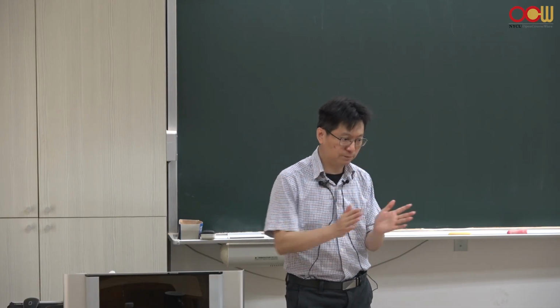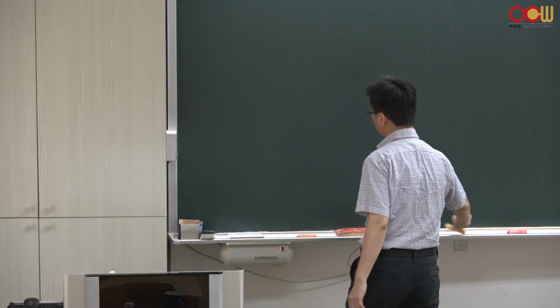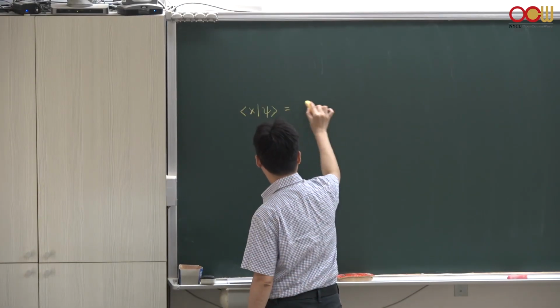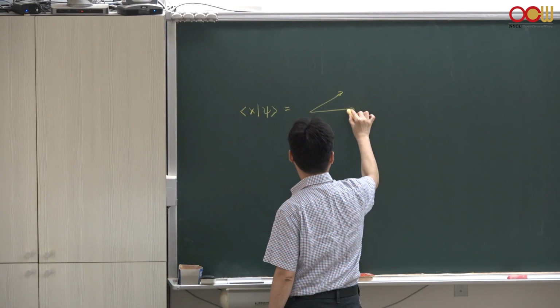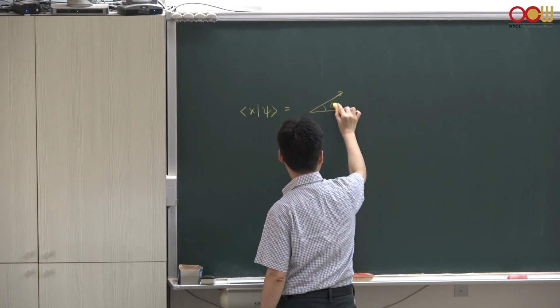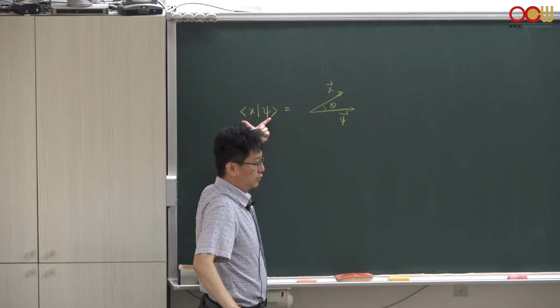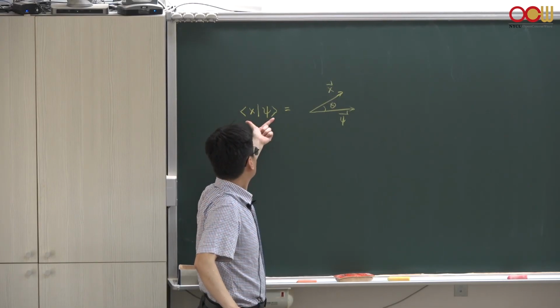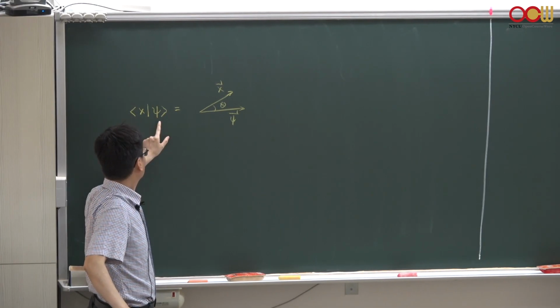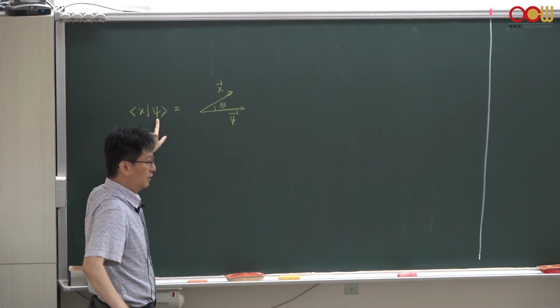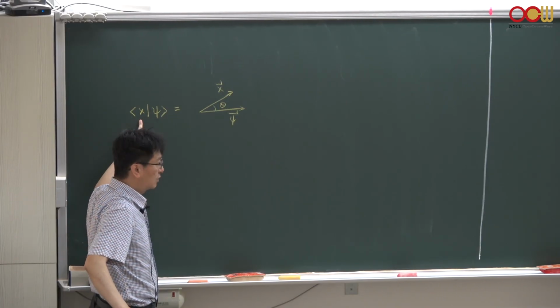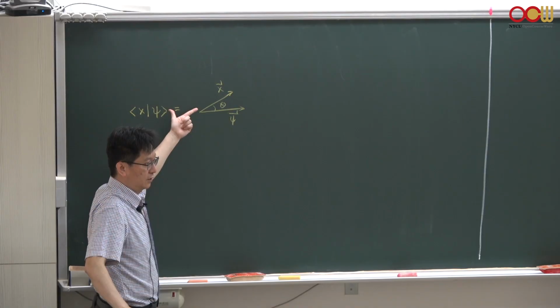So this projection that I mentioned is something you know from vector analysis. This matrix element, or the inner product between the Dirac ket on the right and the Dirac bra on the left, is nothing but the inner product between two vectors, right?